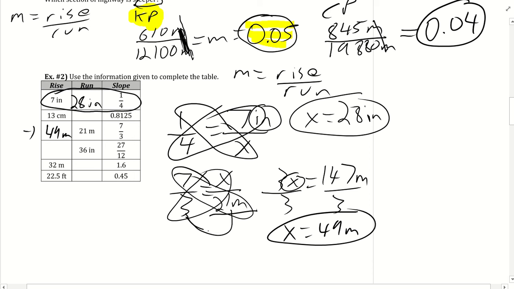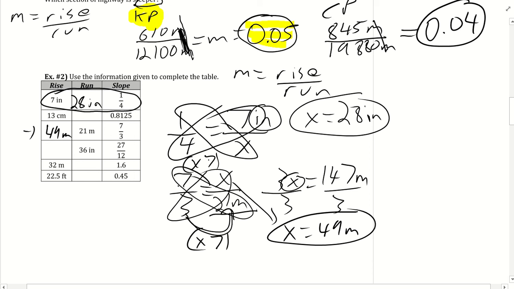Well, what did I times by 3 to get to that 21? I times by 7, right? So if I times the bottom by 7, I also have to times the top by 7, and 7 times 7 is good old 49. So there's another way to look at it. Depending on whether you're trying to find your run or your rise will definitely help you out.